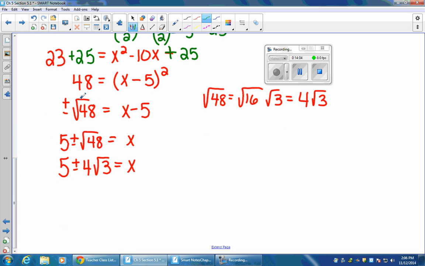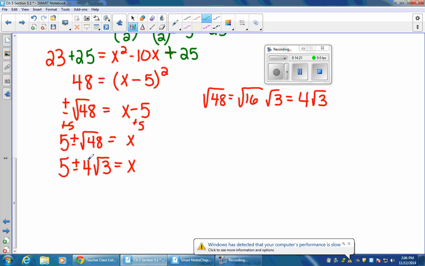Take the square root of both sides, add the 5. 48 is 16 and 3. So 48 simplifies to 4 square roots of 3. And you have 5 plus or minus 4 square roots of 3 equals x.